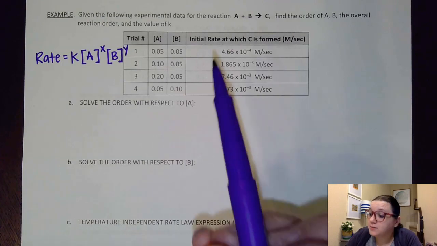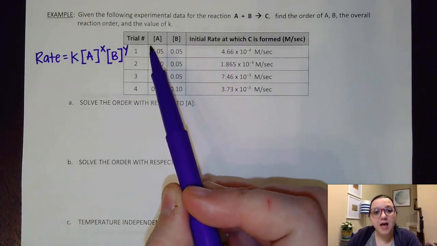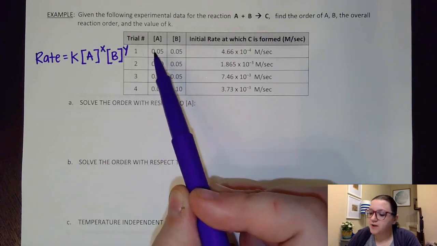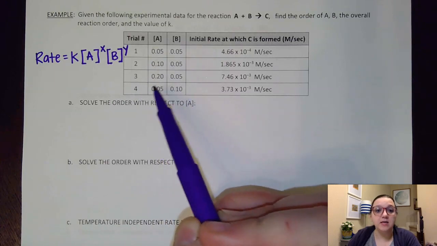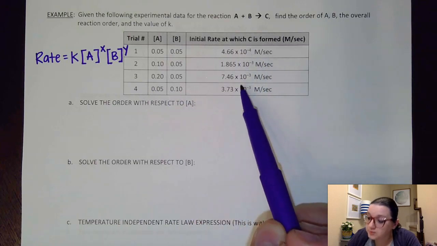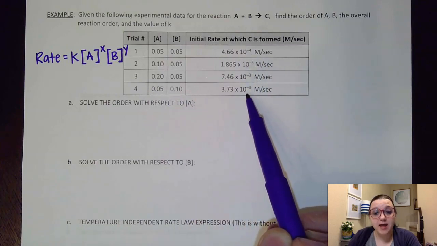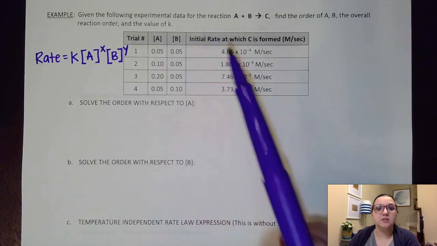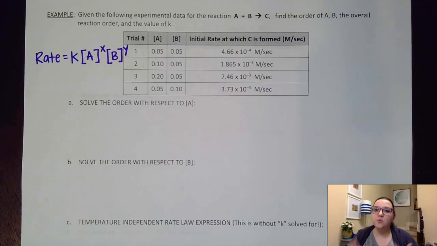Now, you've noticed they have run this experiment 4 different times with various concentrations of A and B, and that resulted in particular rates of forming product C. And you notice that they did take initial rates of these, because remember, rate always changes more at the beginning of the reaction than at the end.